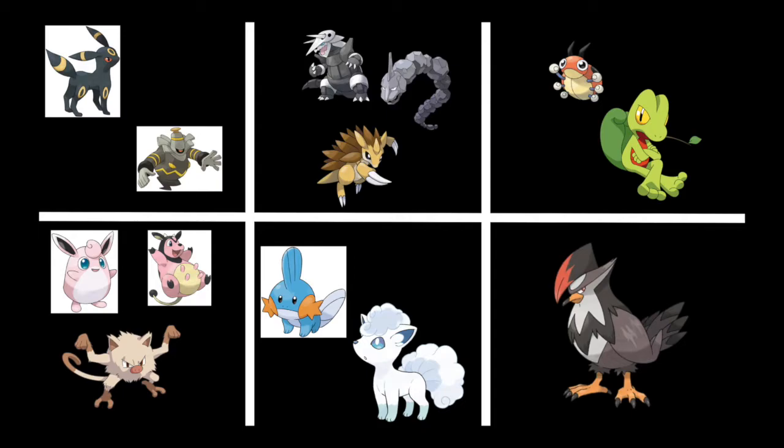Lastly, a 6-way classification image set with classes dark/ghost, ground/rock/steel, grass/bug, normal/fighting/fairy, water/ice, and flying. These types were combined into these classes this way based on trends they seemed to share in their color and body design. For example, normal, fighting, and fairy all share lighter colors and humanoid appearances.